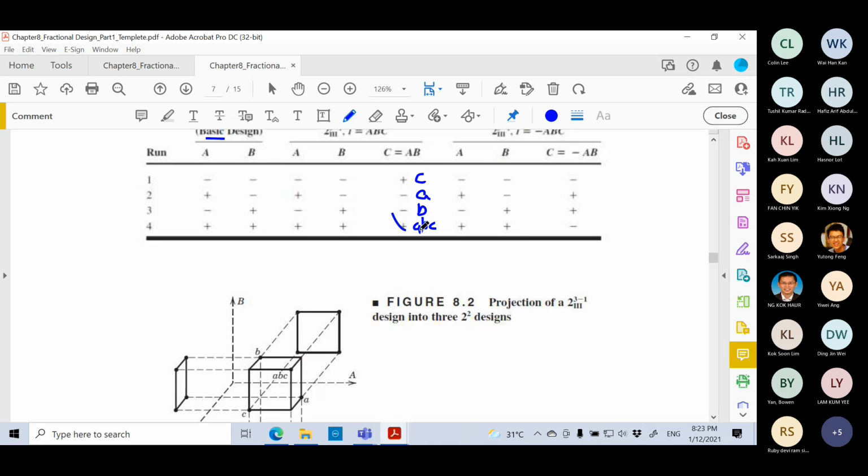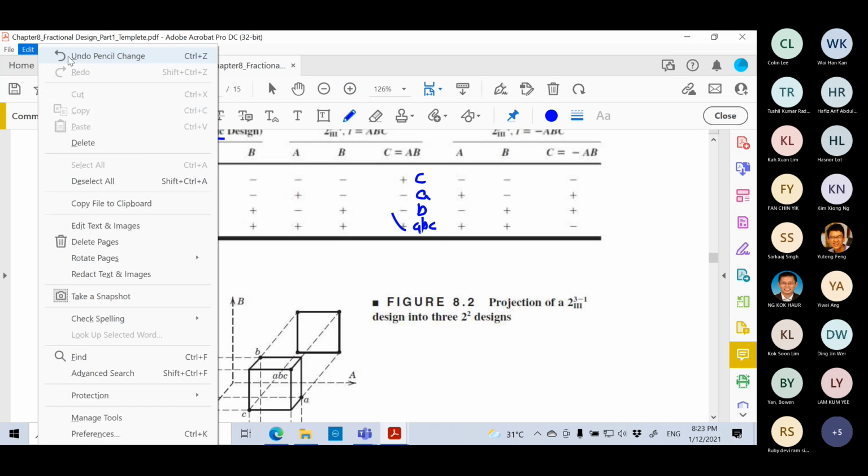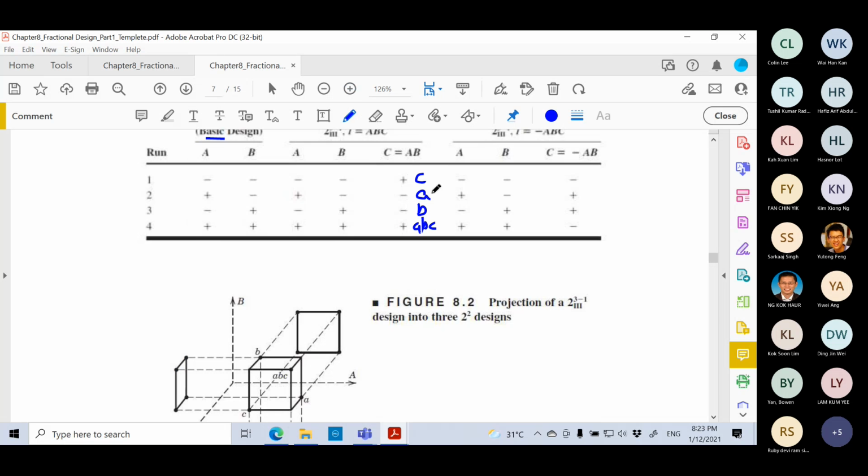So this is the treatment for the first half. If you want to run the second half, the negative one, this one will be equal to 1. This one will be equal to AC. This one is equal to BC. This one is equal to AB.